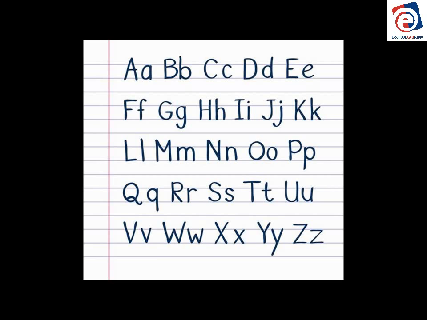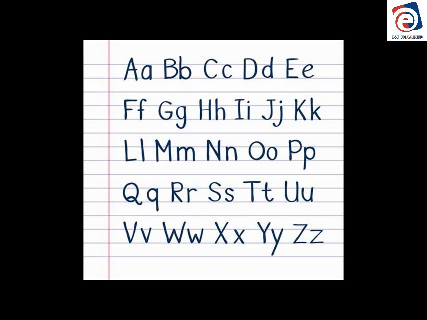So look at them, A, B, C, D, E. We write B differently, D differently, E differently, F. See, the tails go all the way to the top if they have a tail, like B, D, F. But the small i and the small j are small. They're about half the size.